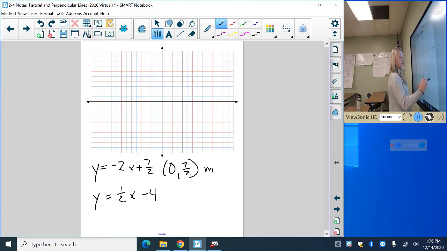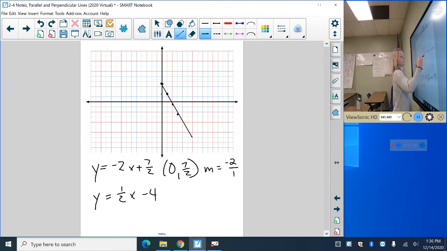And I have a slope of negative 2 over 1. So 3.5 is about right here, and then I'm going to go down 2 over 1, down 2 over 1, down 2 over 1. So it looks something like that.